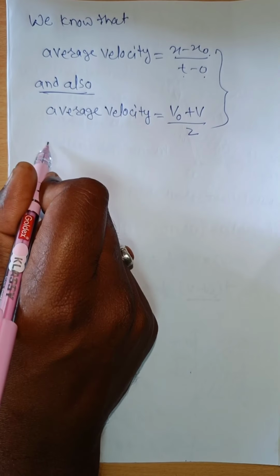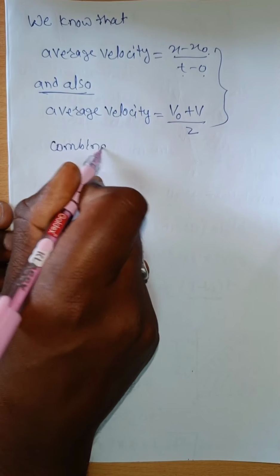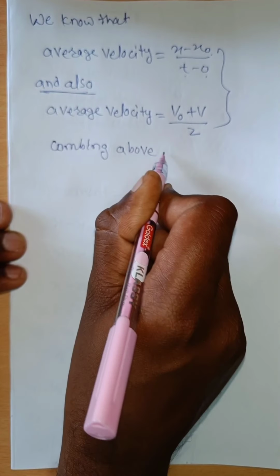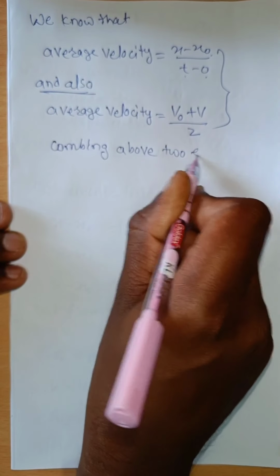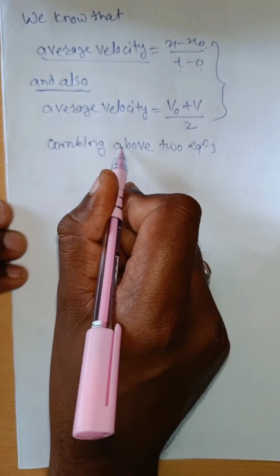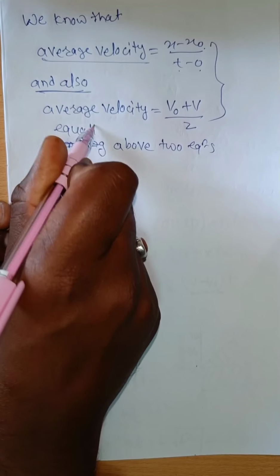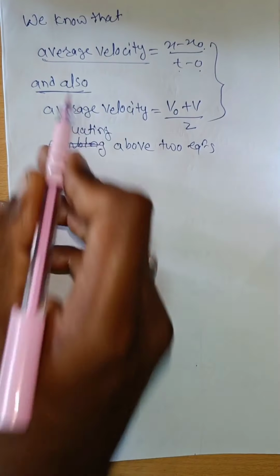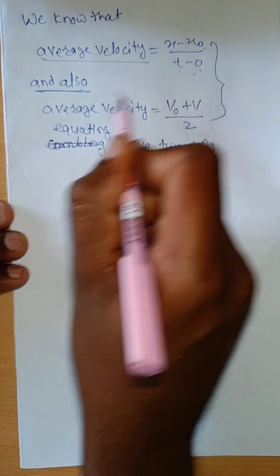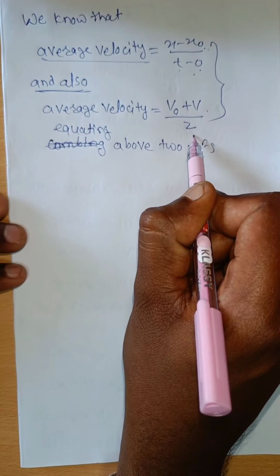Combining, or equating, the above two equations: average velocity is equal to x minus x naught by t minus 0, and also equal to initial velocity plus final velocity by 2.